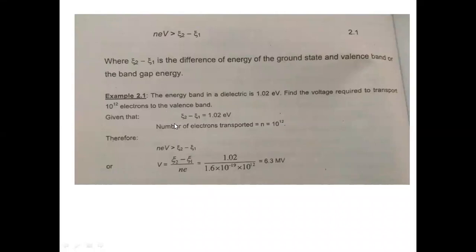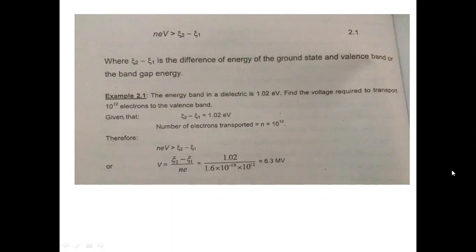E2 minus E1 is actually the band gap energy, which is given, that is 1.02 electron volt, and we have to find the voltage V which is required to transfer 10 raised to the power 12 electrons. These are the number of electrons to be transported from the valence band to the conduction band.